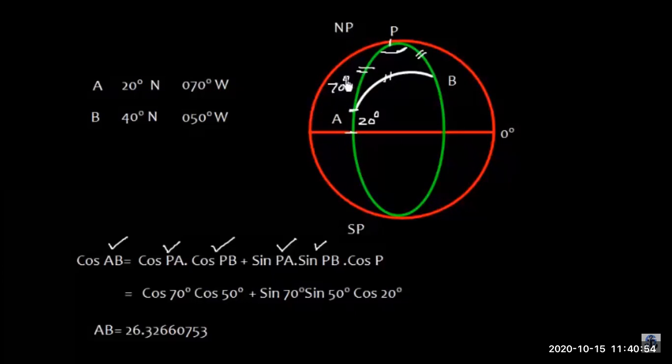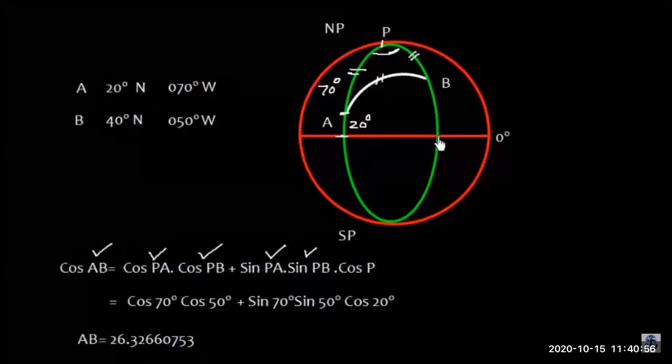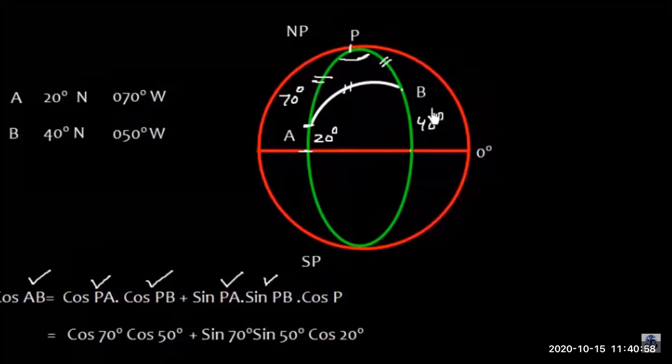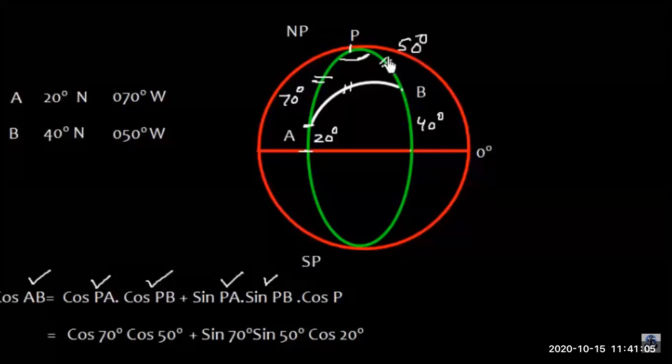PA is 70 because A to the equator is 20 degrees. Then B to the equator is 40, so PB is 50 degrees because the equator to the pole is 90 degrees.